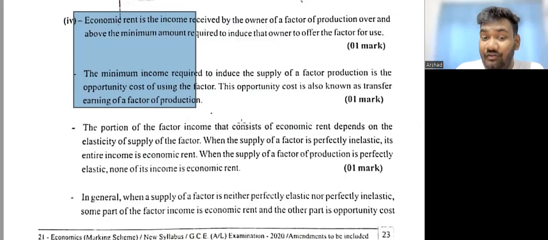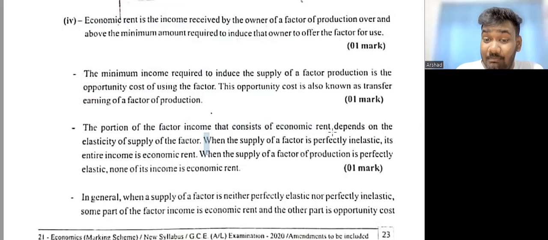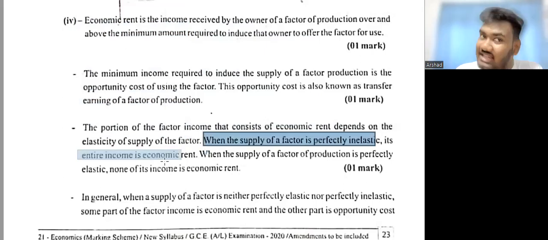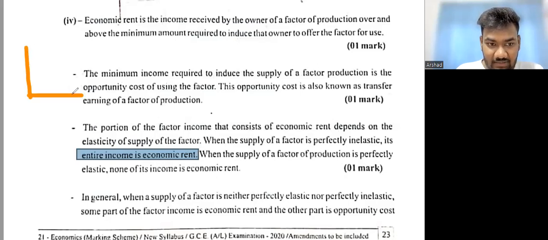Now look at this here. The portion of factor income that consists of economic rent depends on elasticity of supply. They have started the small thing. Then they say here, when supply is perfectly inelastic, the entire area is economic rent. Correct, guys? If supply is perfectly inelastic, then this entire thing is economic rent.